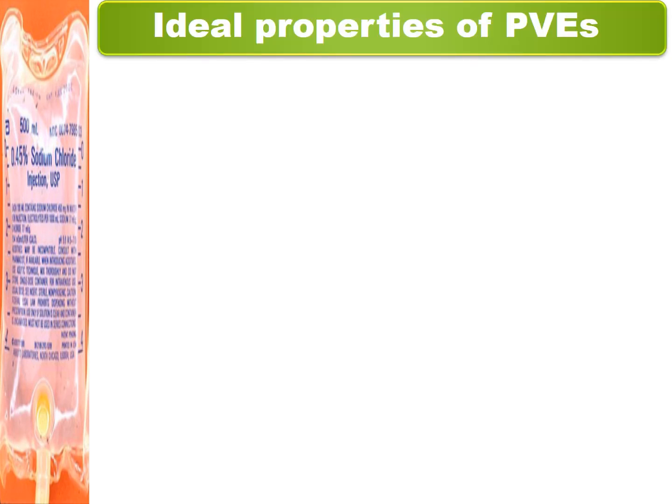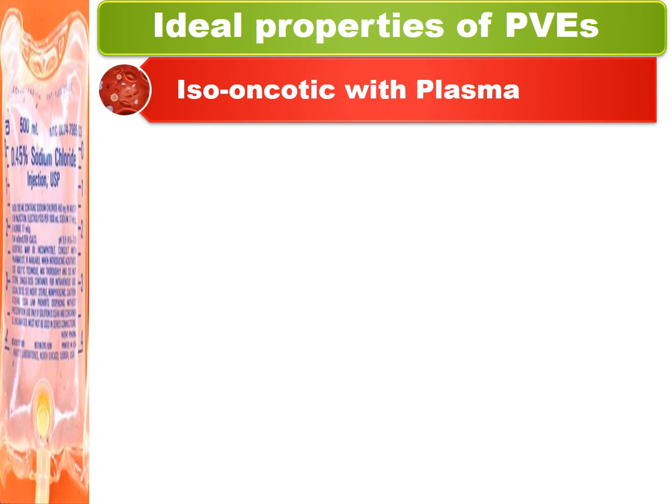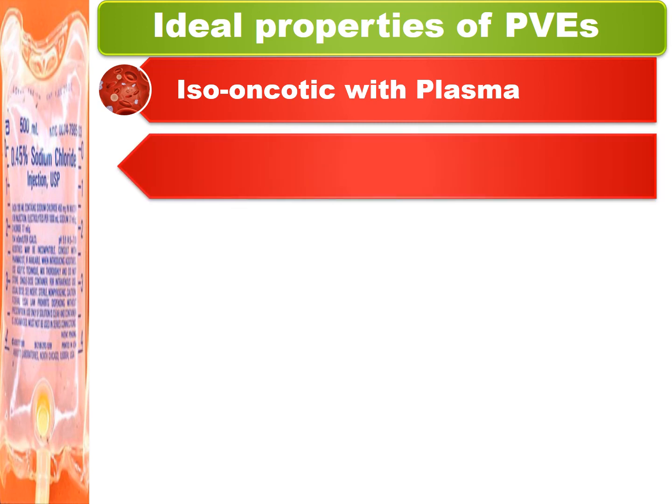Then let us discuss some desirable properties of plasma volume expanders. Some ideal properties of the plasma volume expanders: they should be isooncotic with the plasma, so that they exert an oncotic pressure comparable to the plasma.